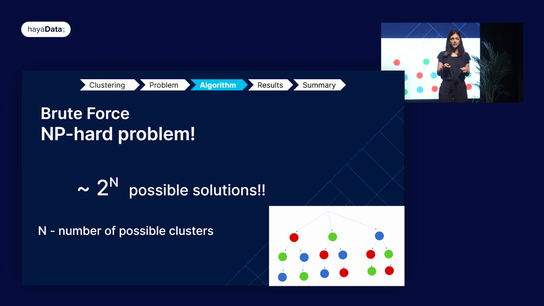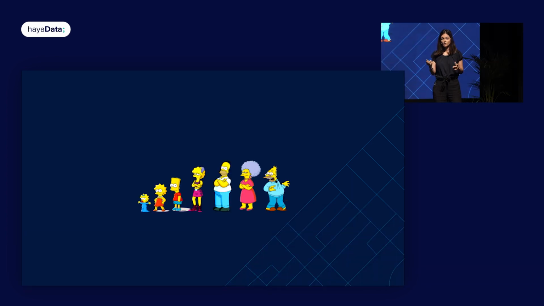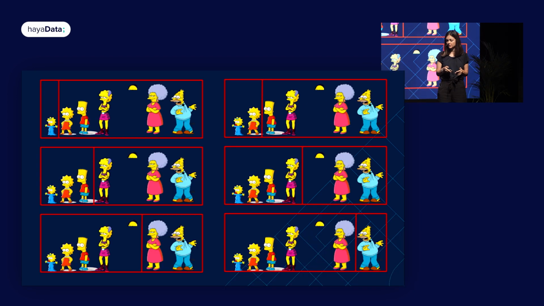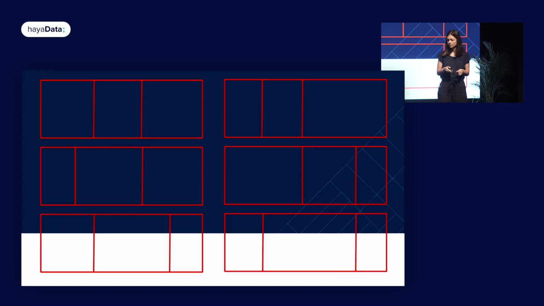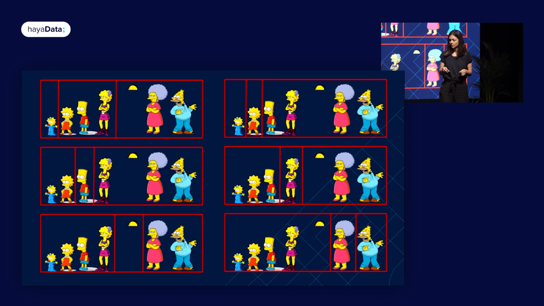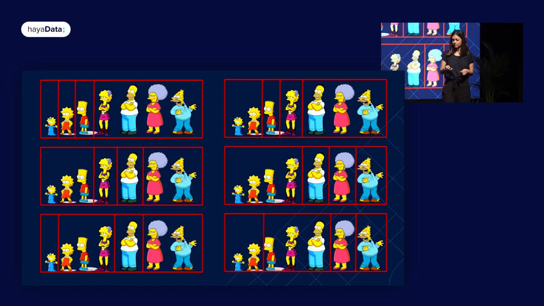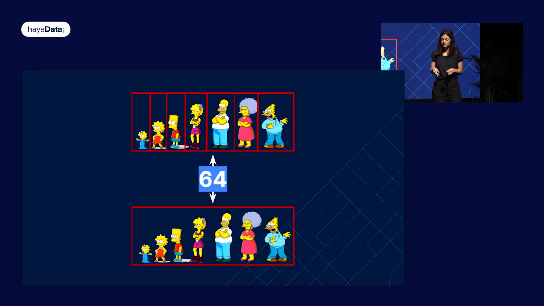The computation time for that would diverge very quickly. Even if all we had to consider were these 7 Simpsons characters, we'd have to consider 6 options for 2 clusters, 15 options for 3 clusters, 20 options for 4 clusters, and so on, for a total of 64 options, and that's if we had 7 data points.